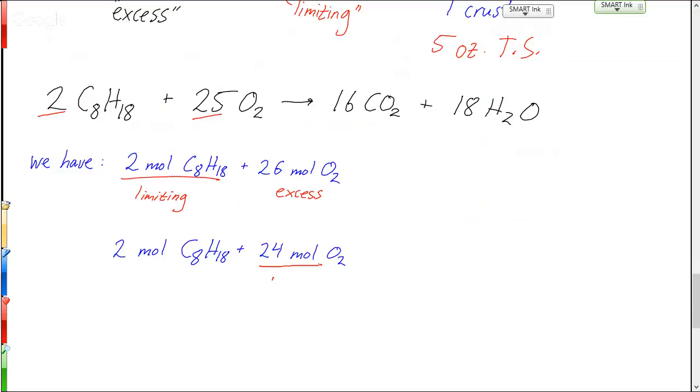So this is now limiting, and this one is now in excess. We have more than we can use of the octane. The important part of this is that just like with the pizzas, the limiting reactant is the one that controls how much product you make.